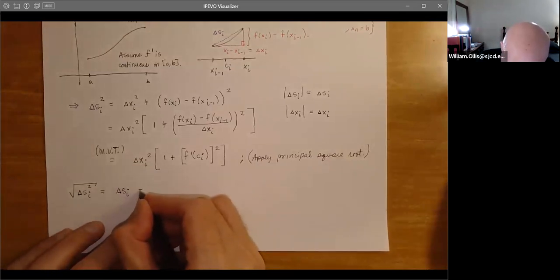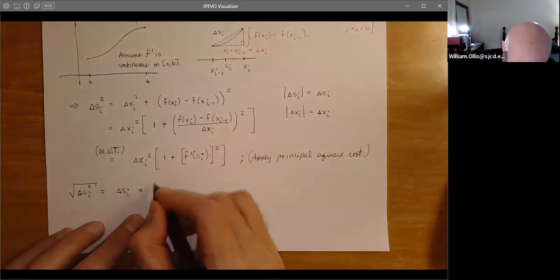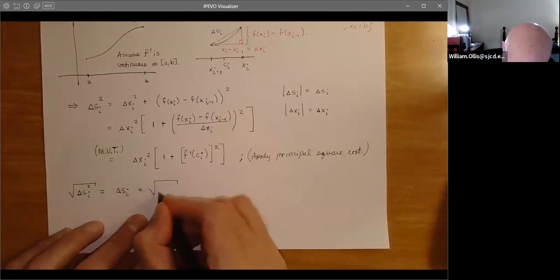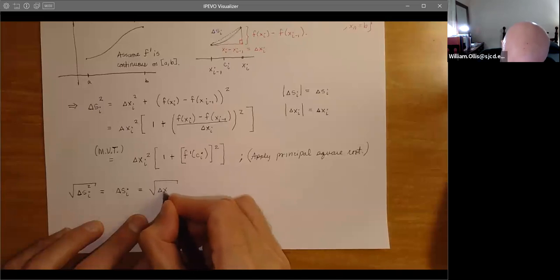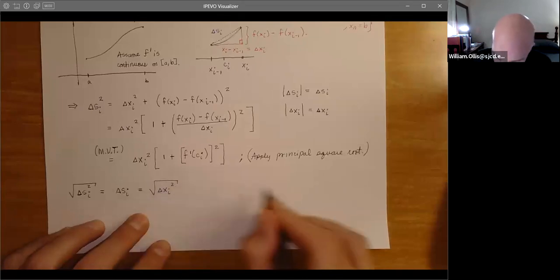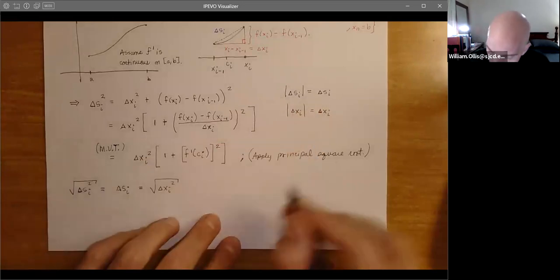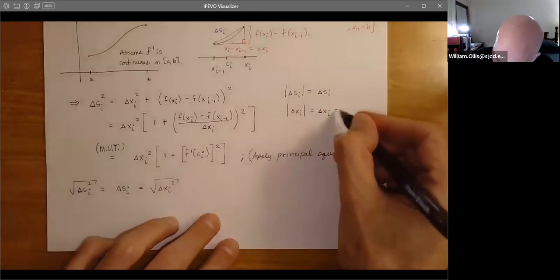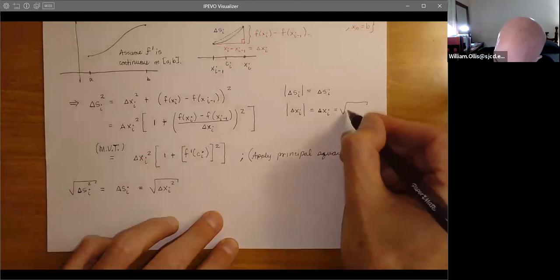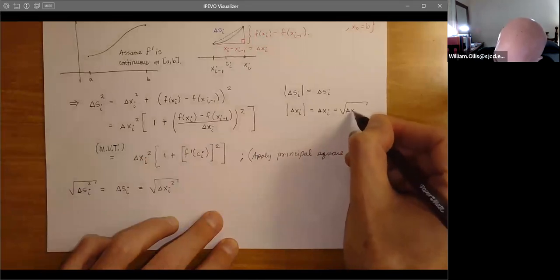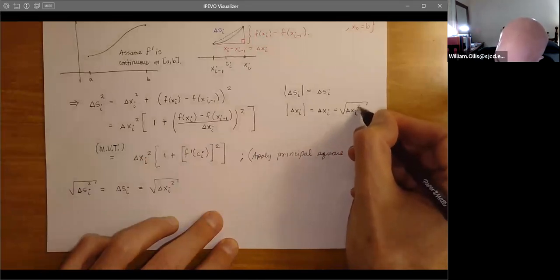So now what do we get? Well, this equals the square root of delta x sub i squared. That's what this is going to be, and we'll be able to replace that with this. If you like, we can go ahead and do this just to remind you that this is an alternate definition.